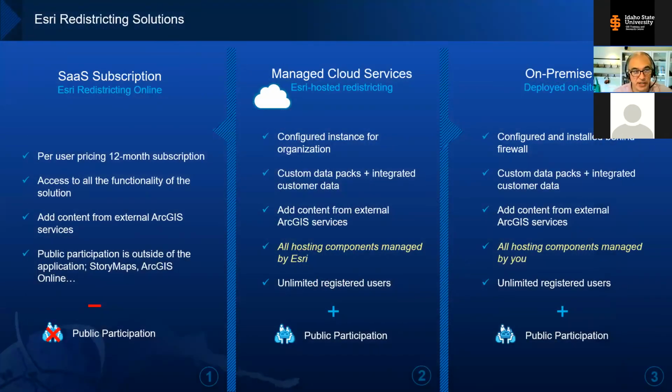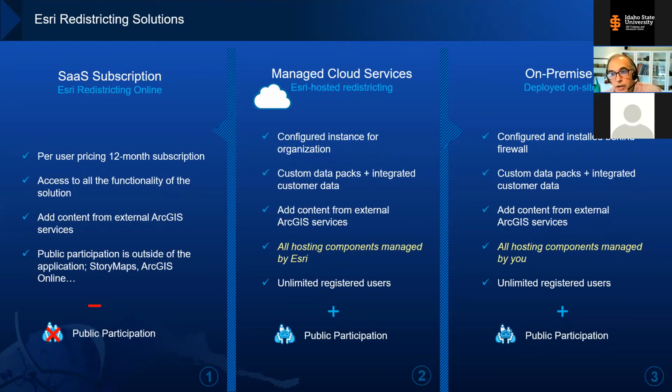So I mentioned that there's 3 different deployment options. There's the software as a service option, which is what I'll demo, but that same application can be loaded into the Esri cloud managed services, or you can have it on premise. If you want all of the technology on premise, you can do that as well.